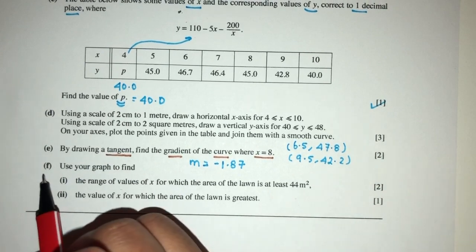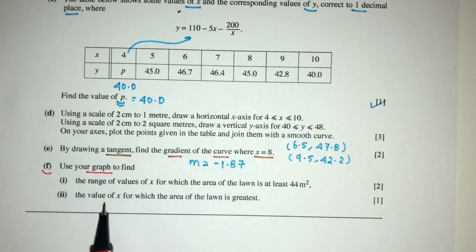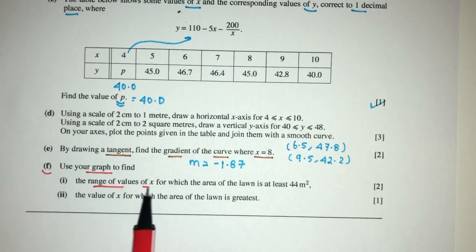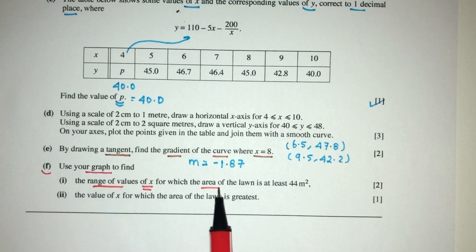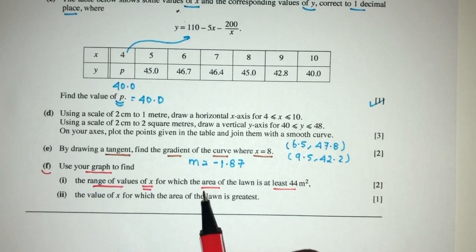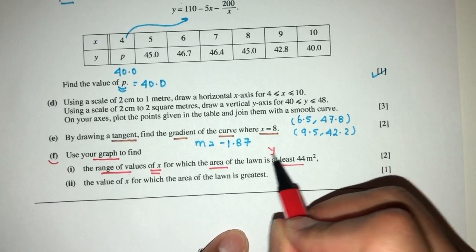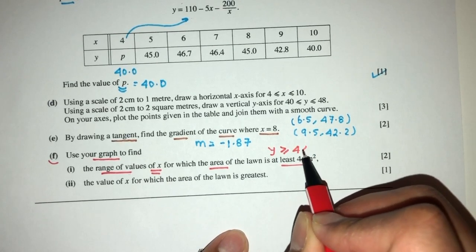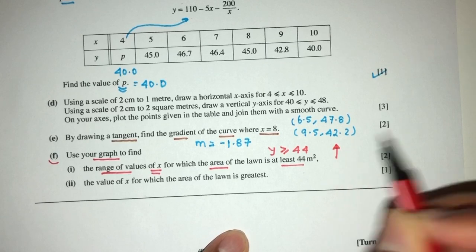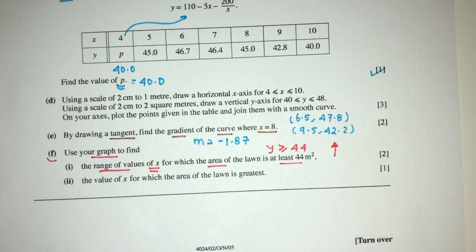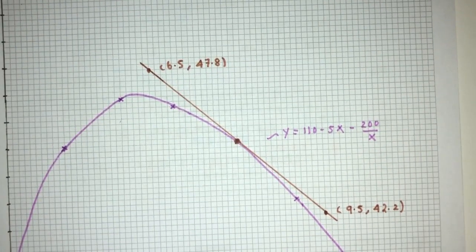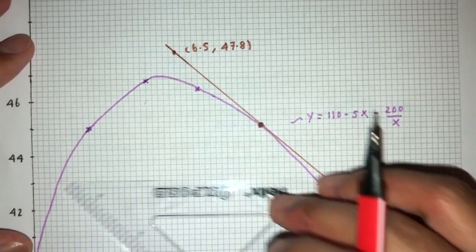Now for part F, we have to use the graph to find the range of values of x for which the area is at least, now area was defined by y, so for which y is at least 44, so 44 and up. So to find this value, we must first draw the line y equal to 44. That will be somewhere over here.